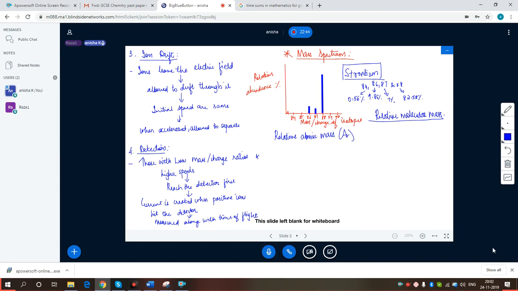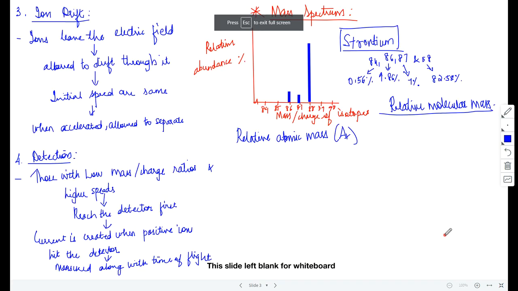Okay. So we're talking about relative atomic mass. Strontium has four different types of isotopes, and each of them has a different abundance. What value should I write for strontium if I'm going to put it in the periodic table? I should write only one mass.